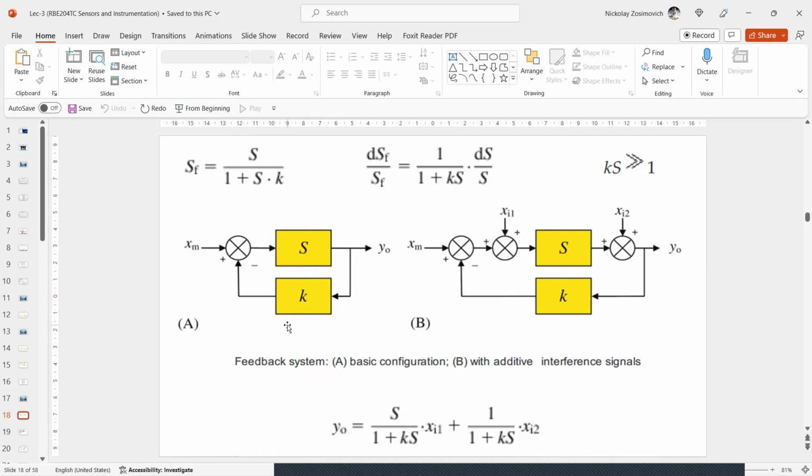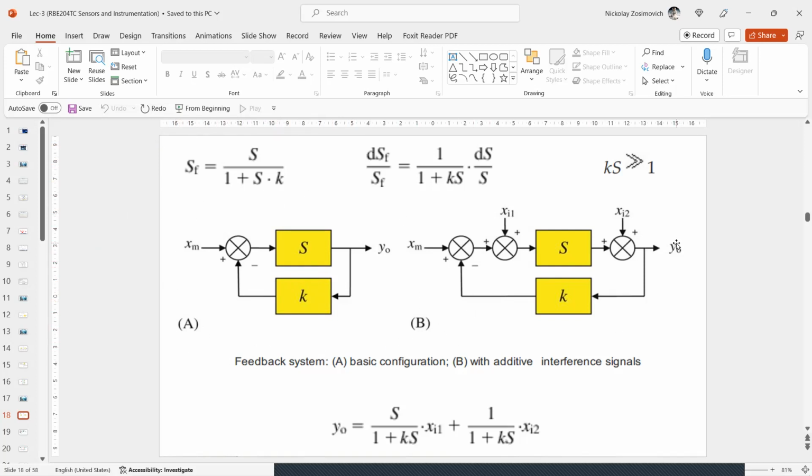Then the transfer of the total system, SF, you may see from this first equation, is given by this equation. A feedback system we have here as a basic configuration.